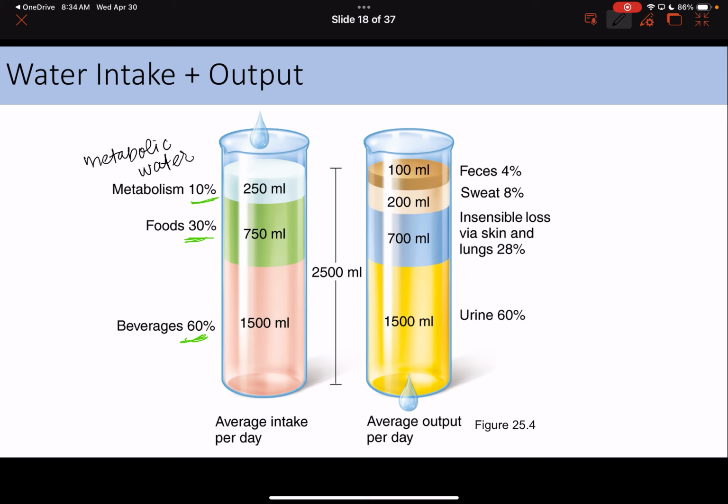One thing to remember, and you can see both of these vials are pretty much equal: your input of water and your output of water is equal each day, or pretty much equal, in order for you to stay hydrated. Which is about 2,500 milliliters, which equates to, because we're in the U.S., about 84 and a half ounces.